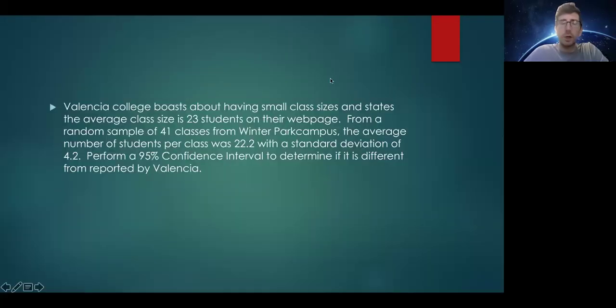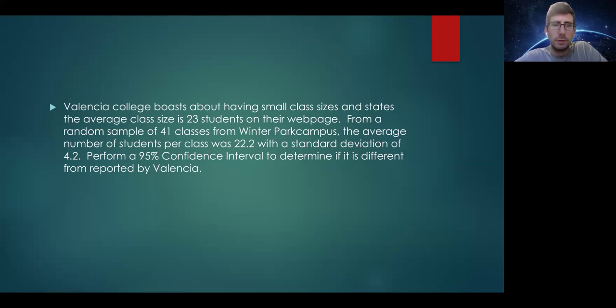Hey everybody, welcome back. In this video, we're going to look at an example of a confidence interval for the population mean with an unknown population standard deviation. In this example, we're given that Valencia boasts about having small class sizes, and they state that the average class size is 23 students on their website.